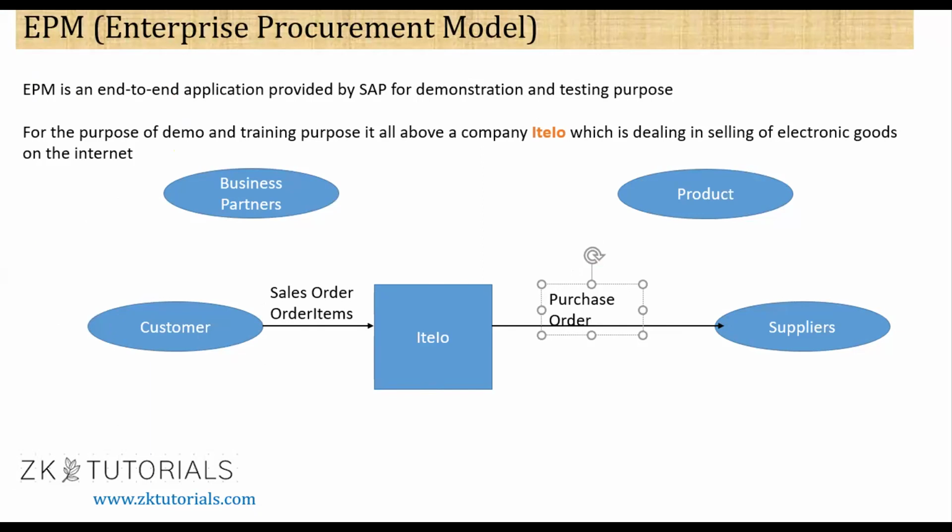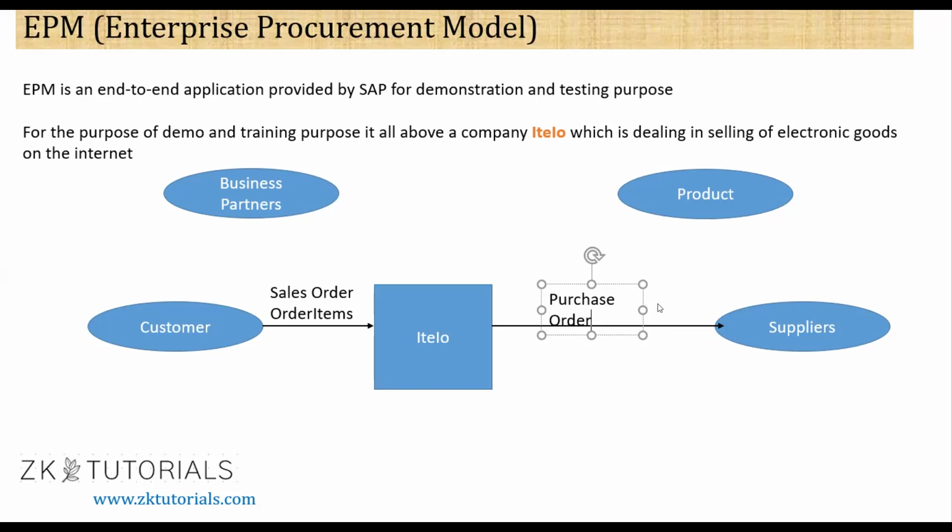This is a simple procurement process, and procurement and sales are typical processes in a company. This is all available in the SAP system with demo data, which we can use in our course also to learn the core concepts of ABAP on HANA.